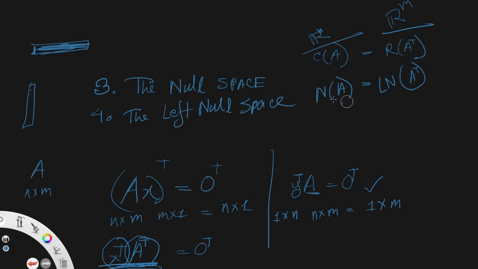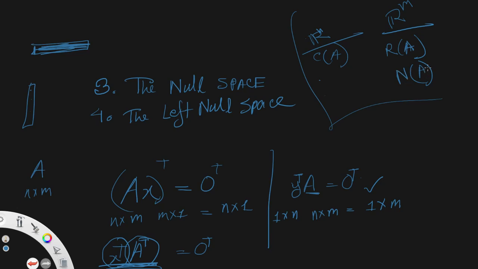The left null space, let me write it a little bit differently. So the null space of the matrix A. We are talking about the row space of the matrix A now, right? Forget about the equation.